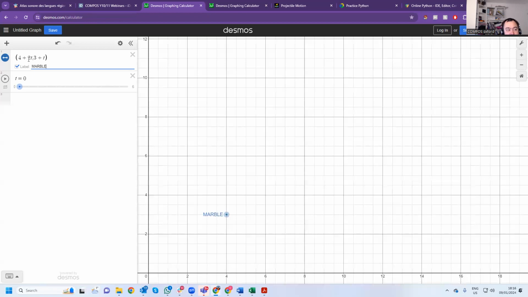If you substitute t equals 0, it's (4, 3). 1 second later, the marble is now at (6, 4). 2 seconds later, the marble is at (8, 5). You can see that the marble moves as time goes by. The beautiful thing about it, this tells you the position of the marble at any given time. So if you know the time, you know where the marble is.